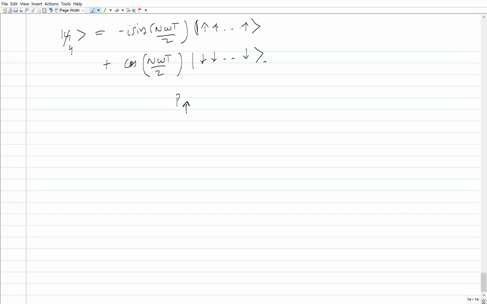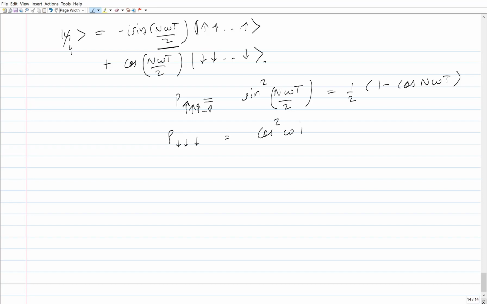Now the phase information which was present in psi 3 about omega has been converted into amplitude information, and basically I can calculate the probability of all spins up as, and P all down as, and I shouldn't forget the important scaling part.